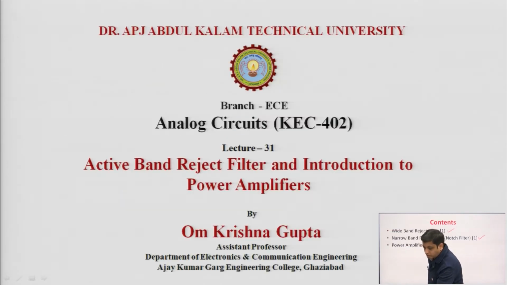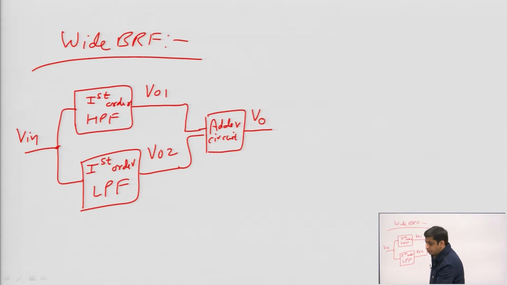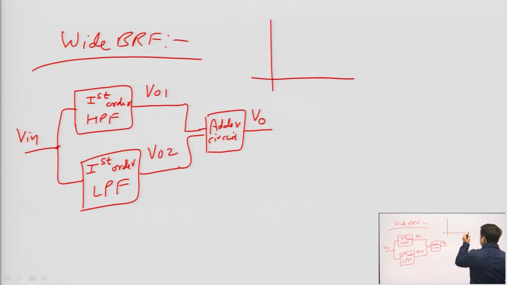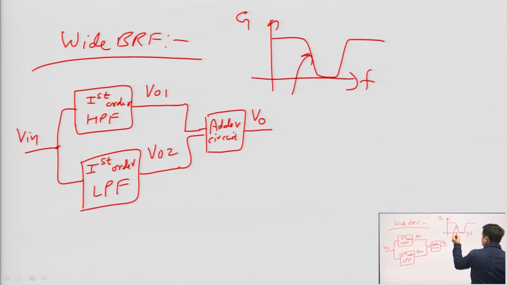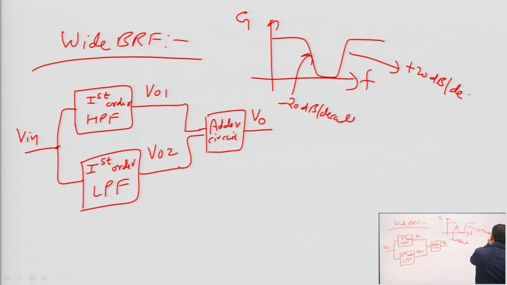And what about the roll off rate? What about the roll off rate for wide band reject filter? So, the roll off rate for wide band reject filter is, we can see that this is minus 20 dB per decade, and this one is plus 20 dB per decade, fine.